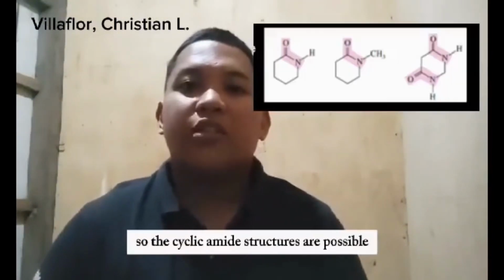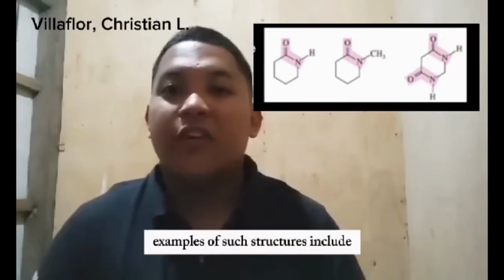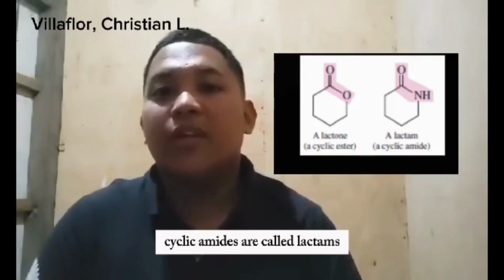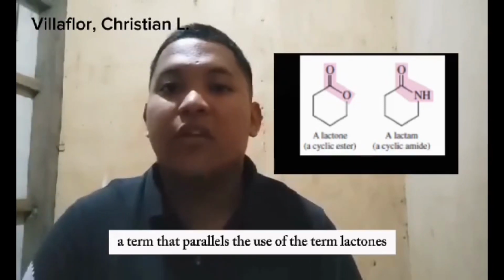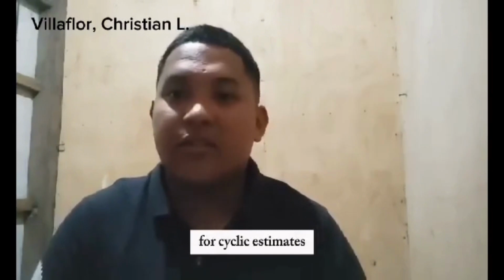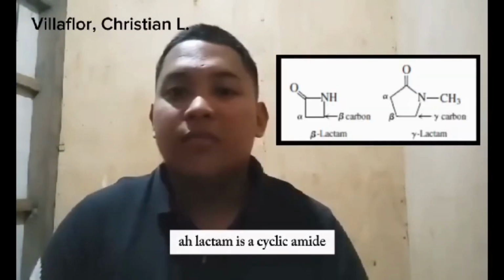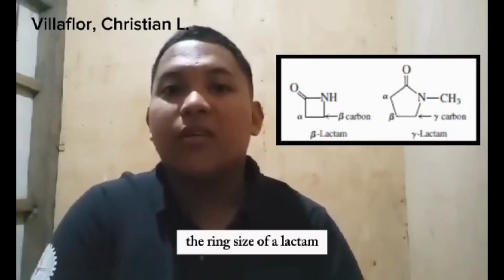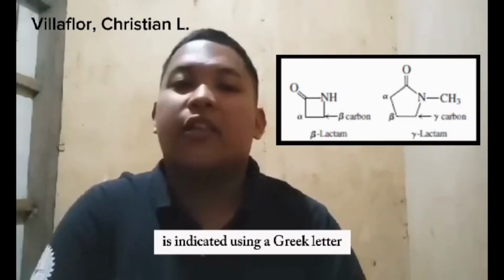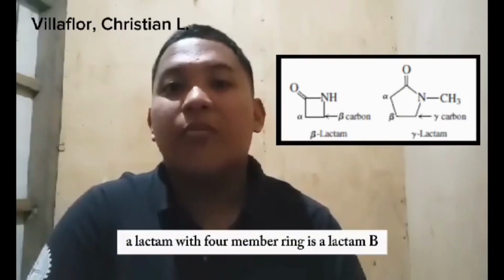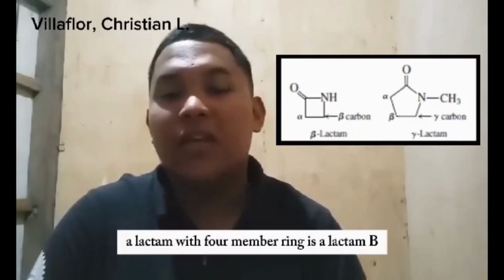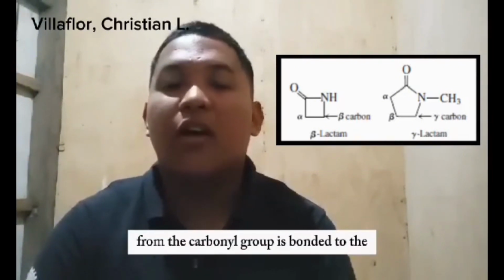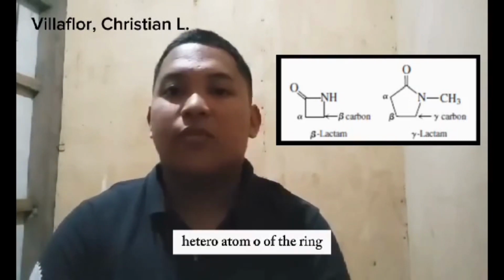Cyclic amide structures are also possible. Cyclic amides are called lactams, a term that parallels the use of the term lactones for cyclic esters. A lactam is a cyclic amide. As with lactones, the ring size of a lactam is indicated using a Greek letter. A lactam with a 4-membered ring is a β-lactam because the β carbon from the carbonyl group is bonded to the heteroatom of the ring.